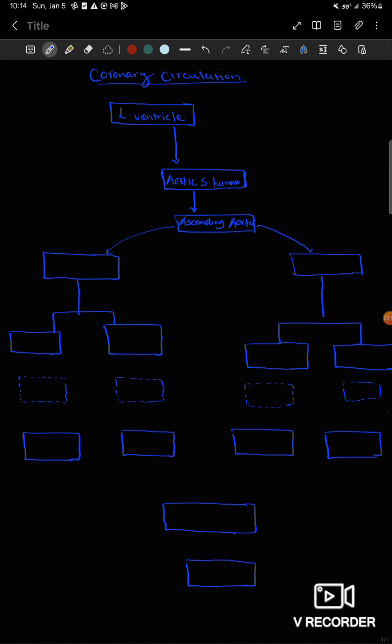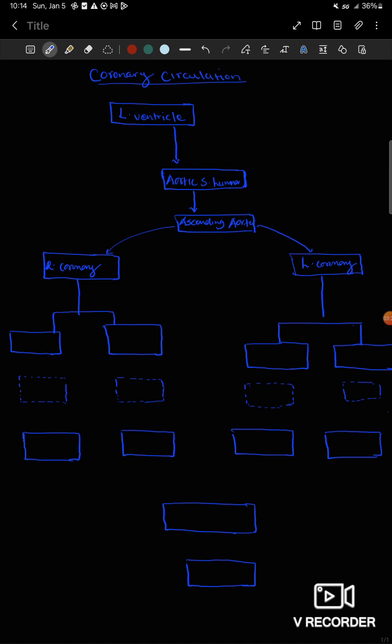This blood is sent behind the aortic semilunar valve into the right and left coronary arteries. Those are two: the right and left coronary artery.